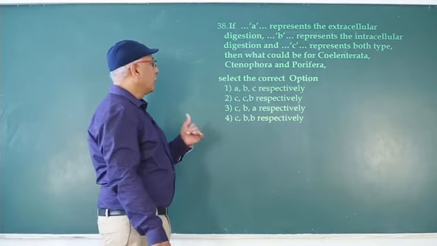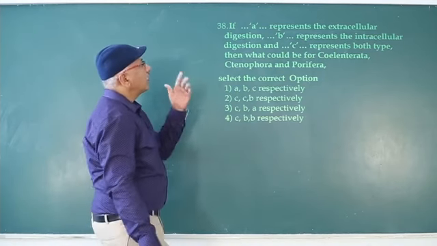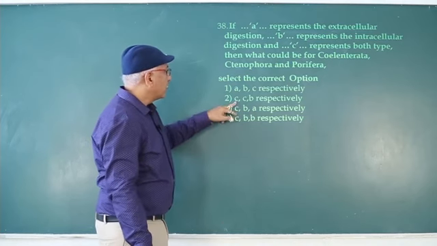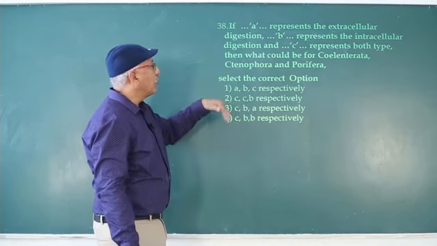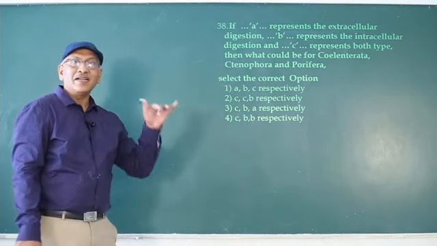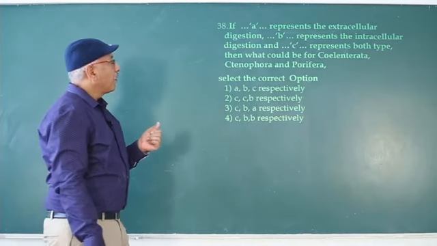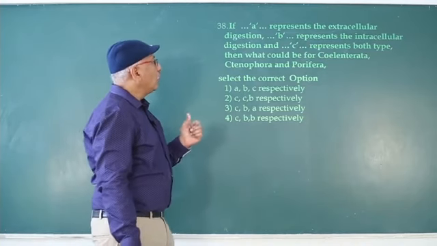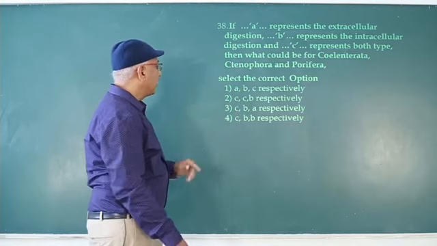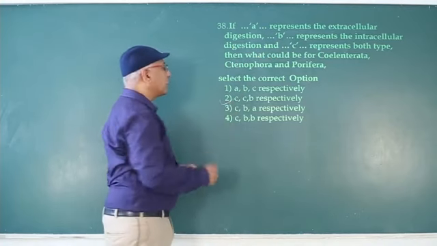Actually, in Coelenterata and Ctenophora, both extracellular and intracellular, and in Porifera only intracellular digestion, which is B in the given options.